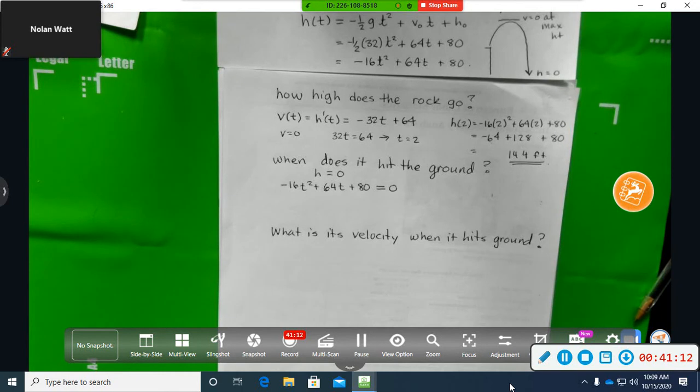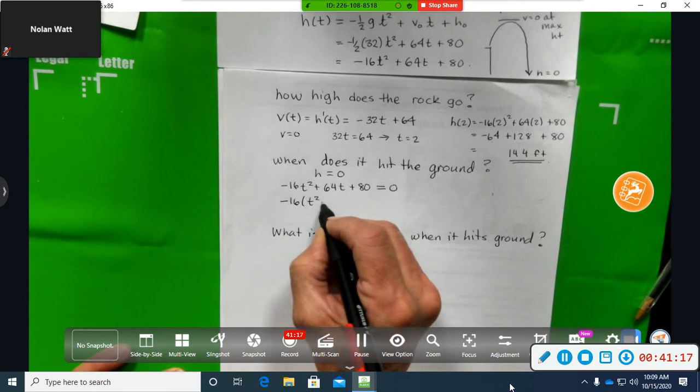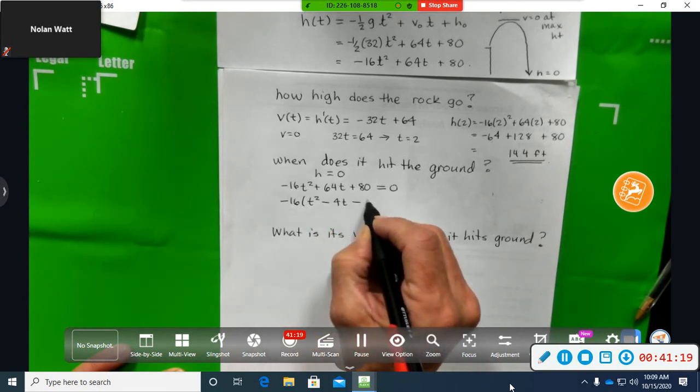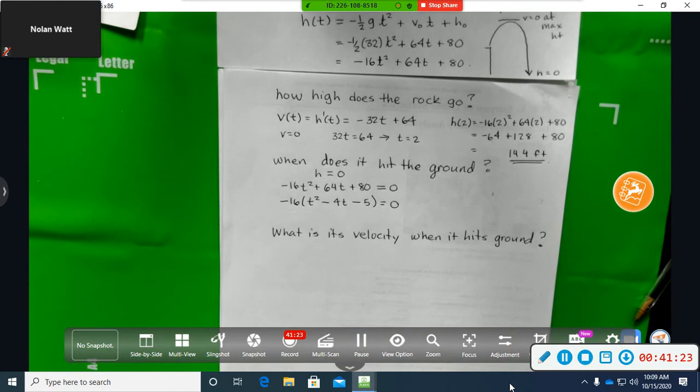Pull out a negative 16. So we're pulling out a negative. That's going to change the signs. So by gosh, I did give you something that factors. I need factors of 5, opposite in sign, that adds to negative 4. 5 and 1, right? There's only 2 factors of 5.